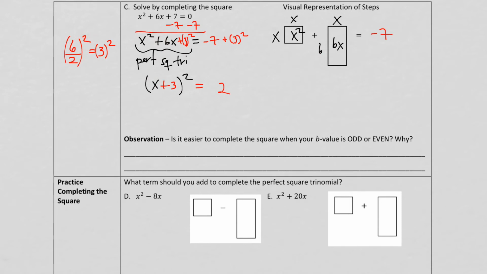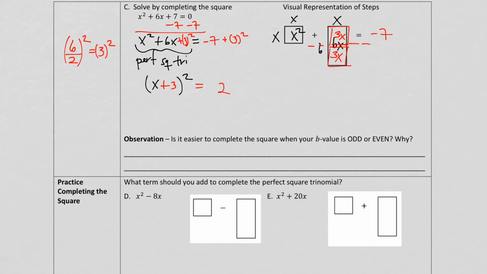So let's check. If I take this b value, this 6x, and divide it by 2, or cut it in half, then I'd be making 2 little shapes that are 3x, and this one's also 3x. That's how you get 6x.